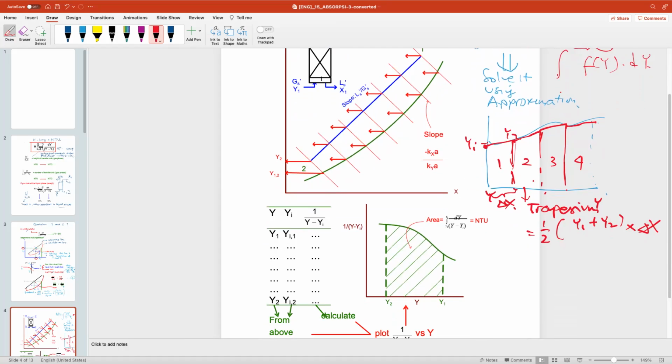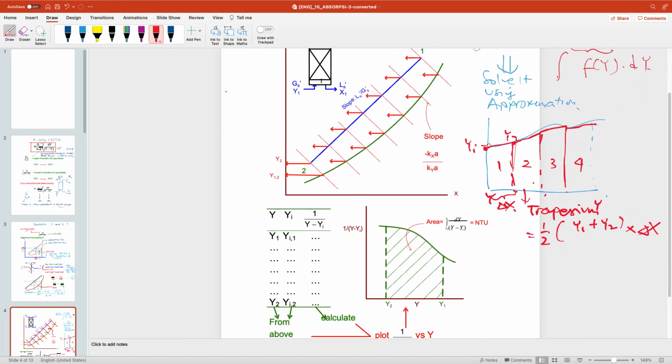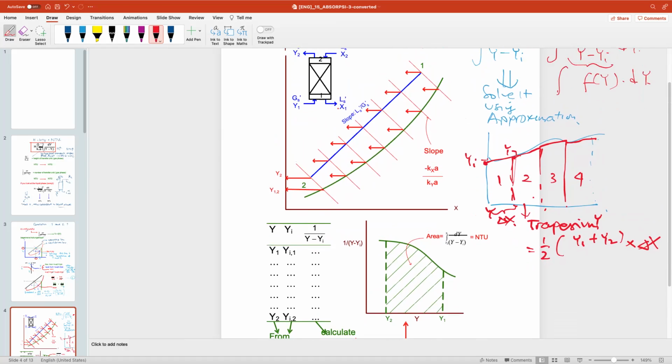So what we need to do here is divide the slope and also divide the graph, divide the area here into some segments.